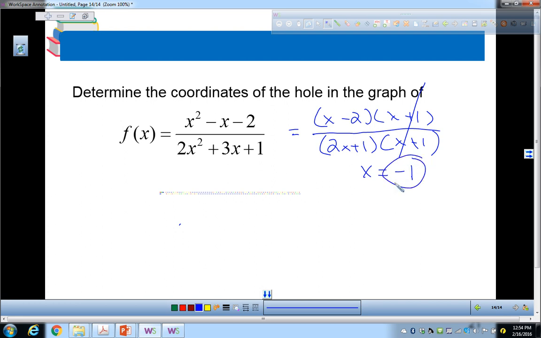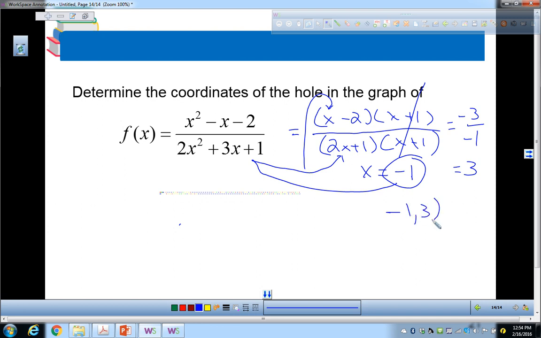You don't plug it into here because you're going to get 0 over 0. So you plug it in here, and you get what? -3 over -1. Very good, which is equal to 3. Okay? So you have a hole at -1 comma 3. Your answer isn't complete until you say the x and the y coordinates of the hole.